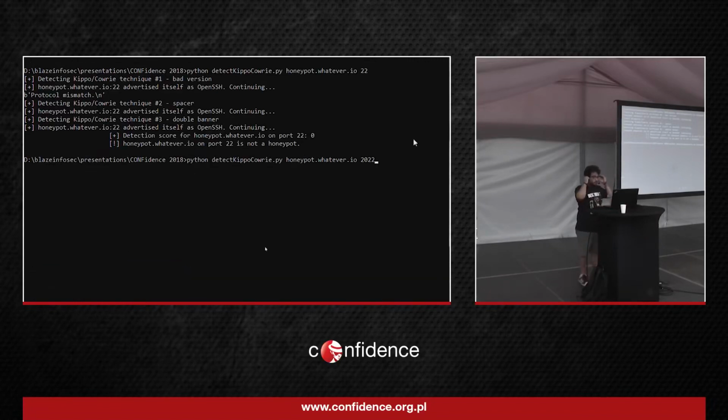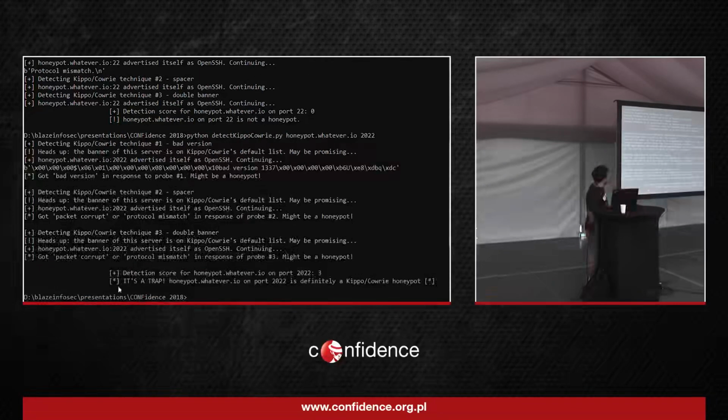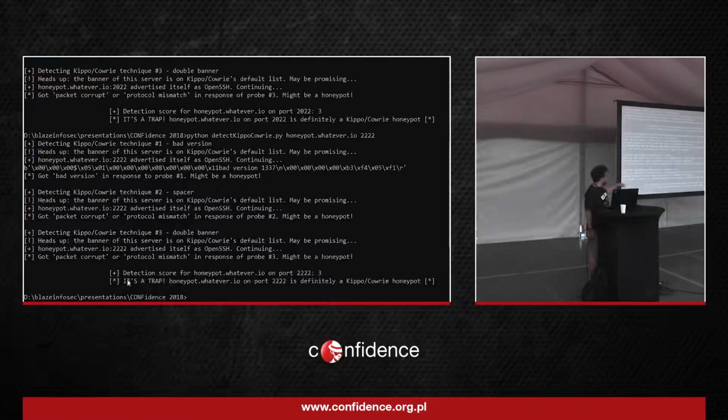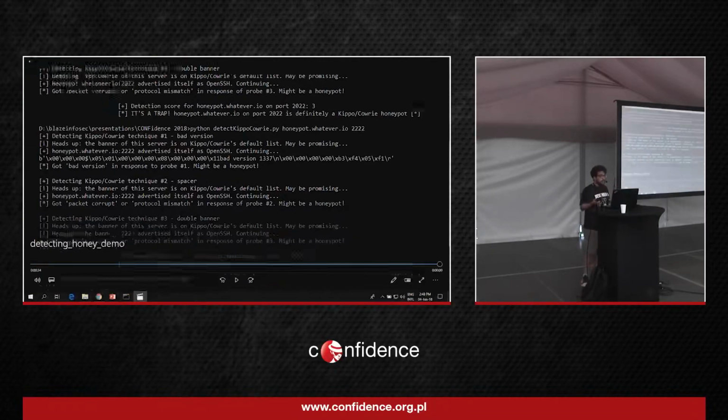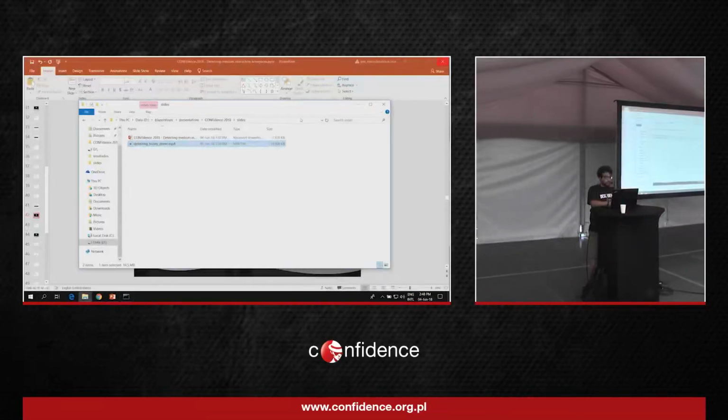But when you try against port 2022, it says yes, it's a trap, it's a honeypot. I think 2022 is Cowrie, and the other one is Kippo, the 2222. Same story, it's definitely a Kippo honeypot because you use some of these techniques that I just mentioned. But then again, it's super easy to find different ones and create your own probes for that.